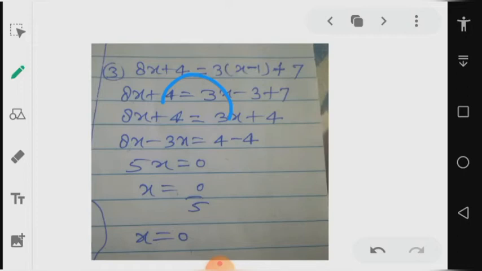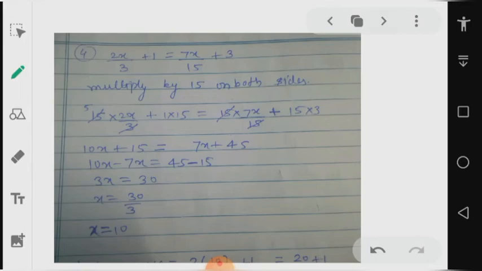You can check this equation by yourself, and if you substitute x equal to 0 in the given equation, you will find that LHS equals RHS. If you have seen carefully how we checked in the previous examples, you can also do this one. So try it by yourself and check whether the answer is correct or not.